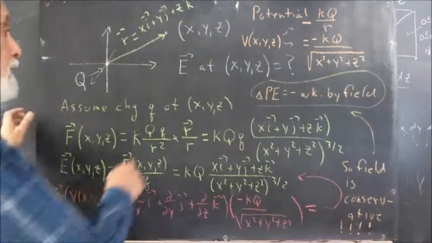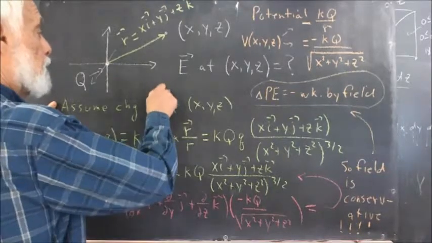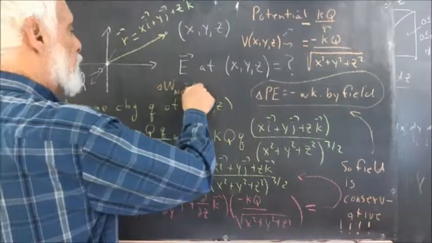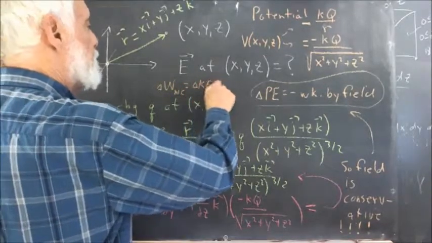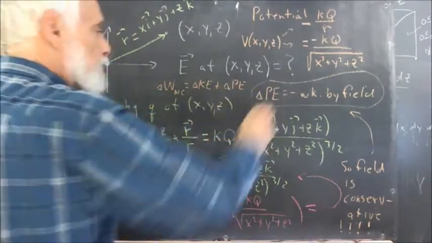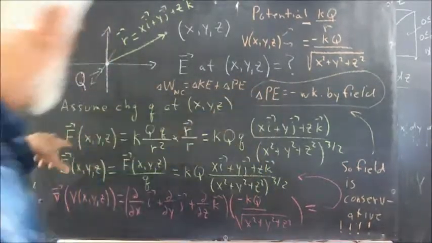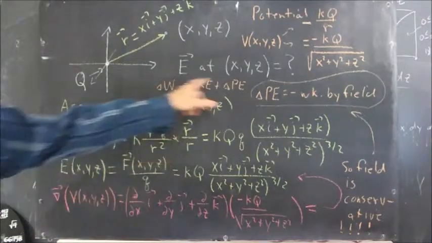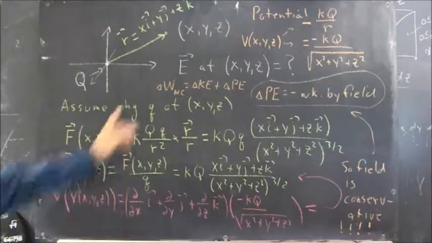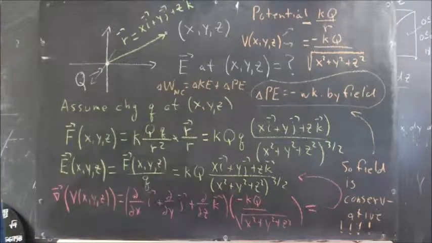The work-energy theorem says, of course, that the work done by the non-conservative force is a change in kinetic energy plus a change in potential energy. And changes in potential energy due to this field go right into this equation, right into our whole understanding of work and energy.